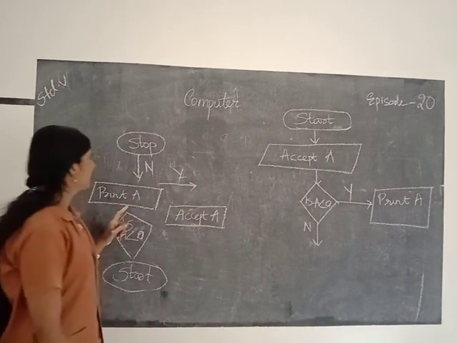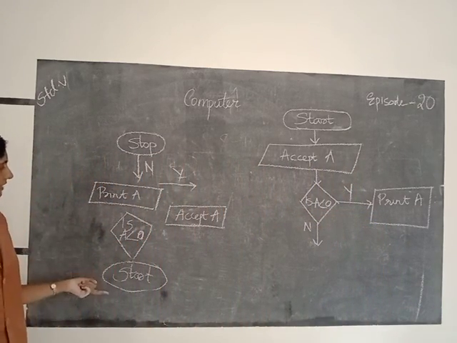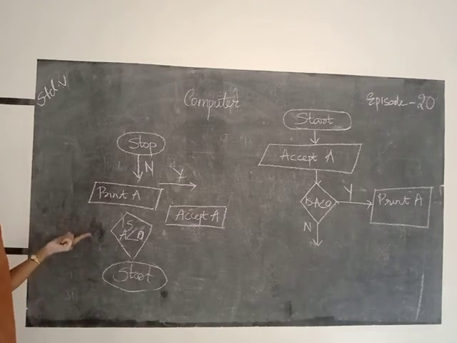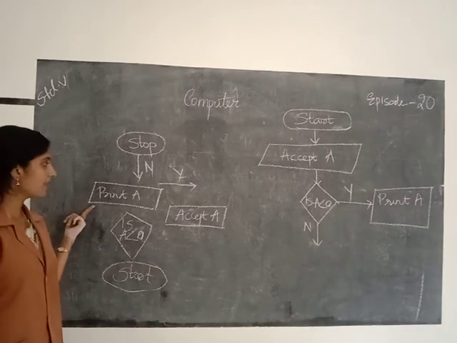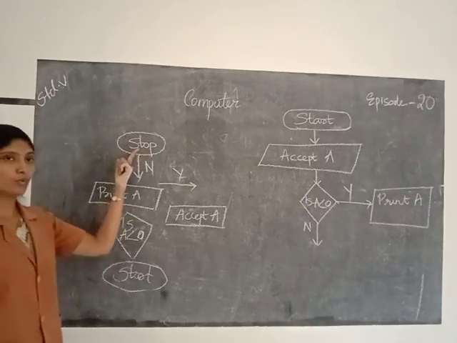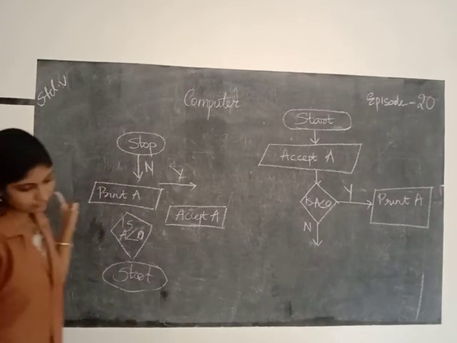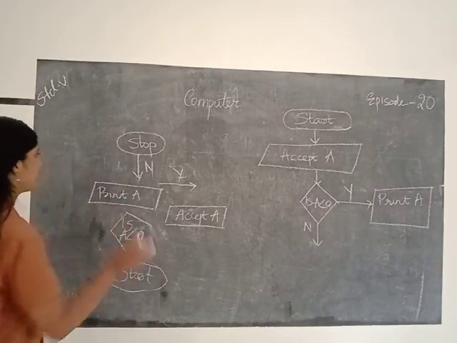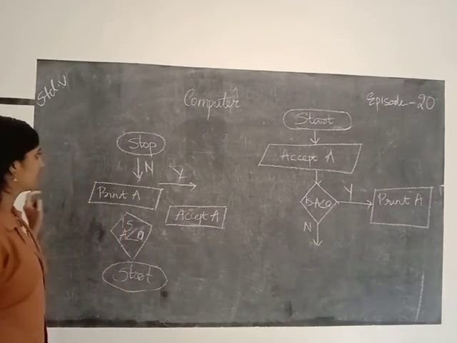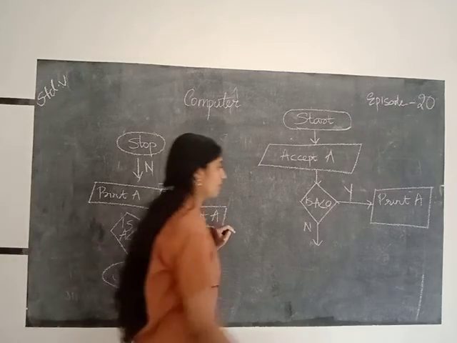The next is the false condition, that is if A is greater than 0, then go to stop. It's not connected, sorry. Stop.